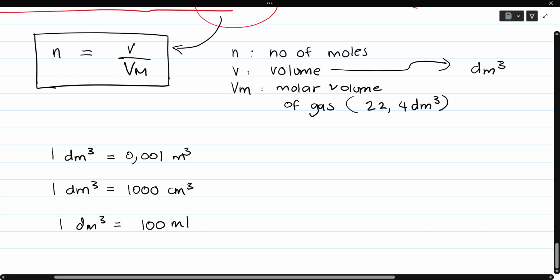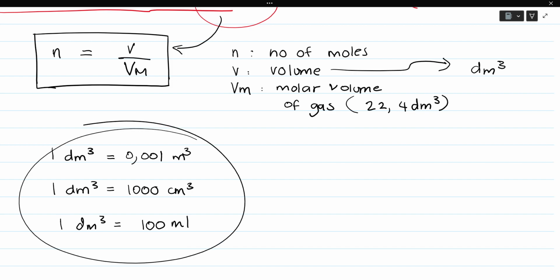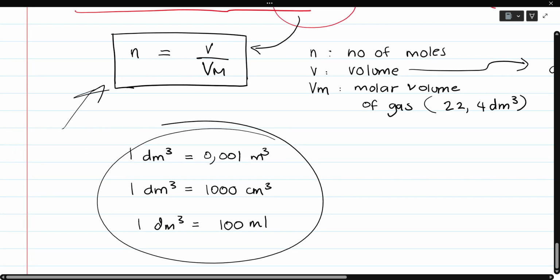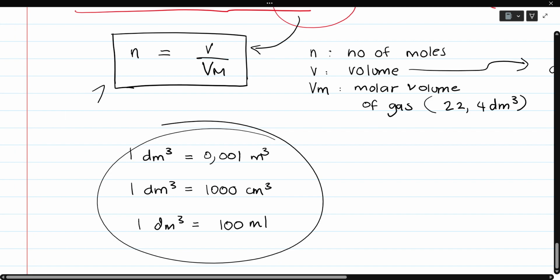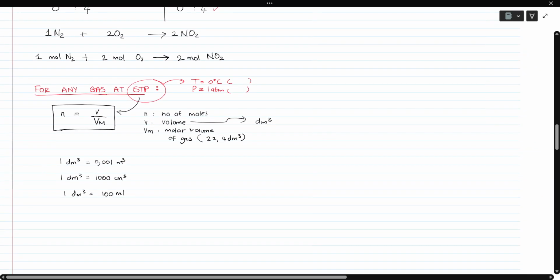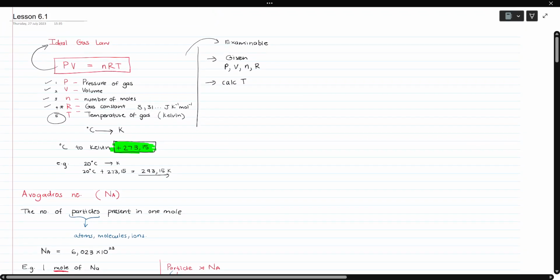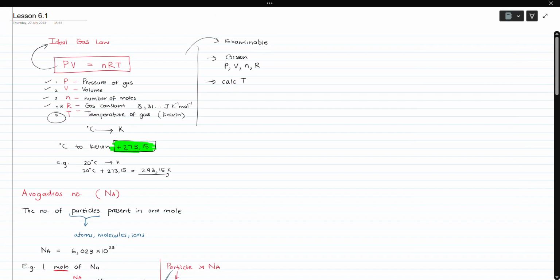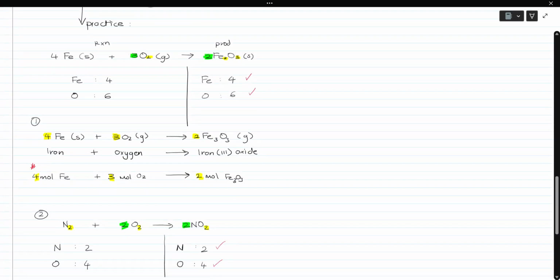I'm just going to end the video here, and then we'll upload another one, so that it uploads on time and you have access to it. We'll practice these conversions and this equation, and lastly we'll look at how to balance chemical equations. It may look like we're doing a lot in this one lesson, and it is a lot, but please bear with me, because by next week all of these concepts are going to tie together, and you'll see how it comes together in the exam paper, where they'll test you on these basics.